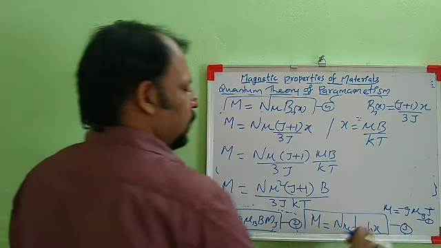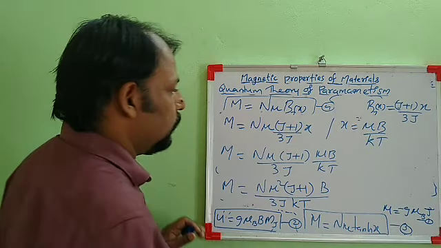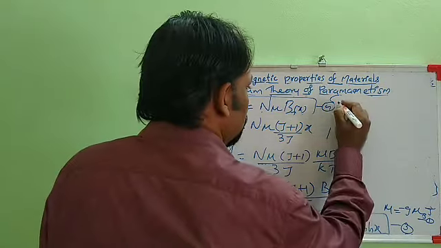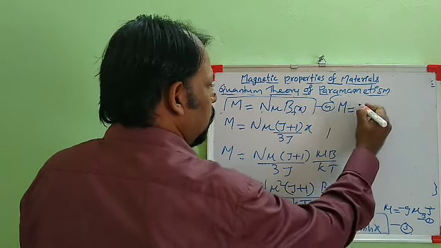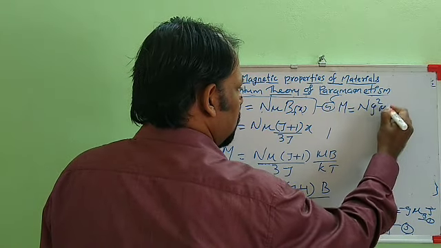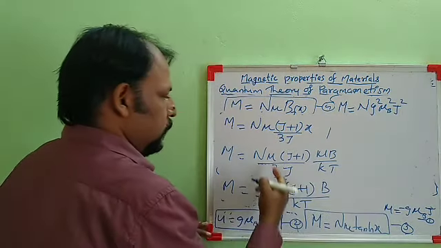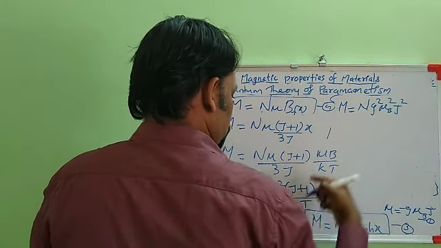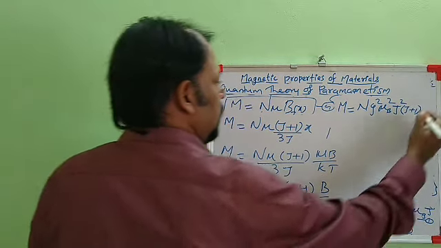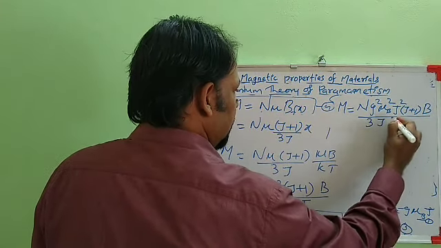Now the magnitude of magnetic moment is g mu_B j. Substituting that value in this equation, we can write it as M equal to n mu square, it is g square mu_B square, then j square into (j+1), then B divided by 3j kT.